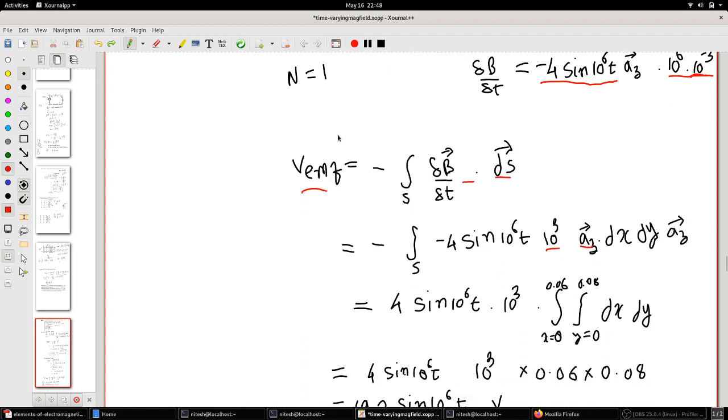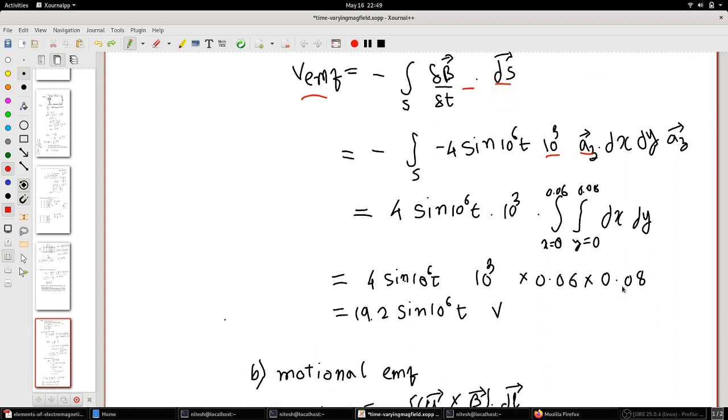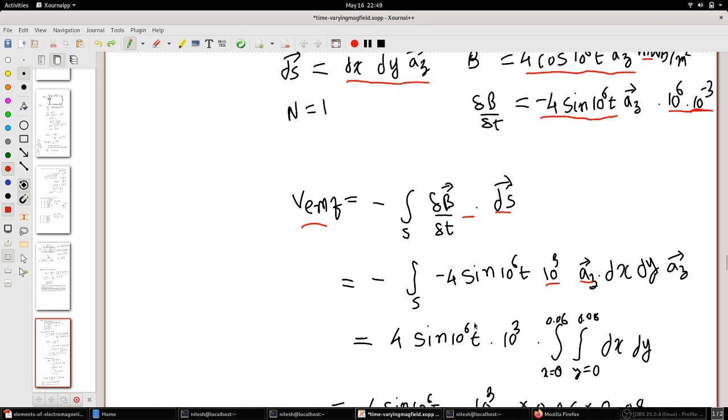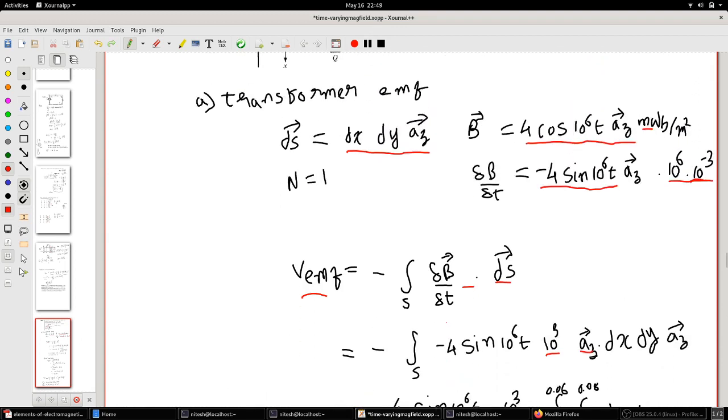So I get 19.2 sin 10^6 t volts. This is the first answer for the given scenario, which is your transformer EMF.